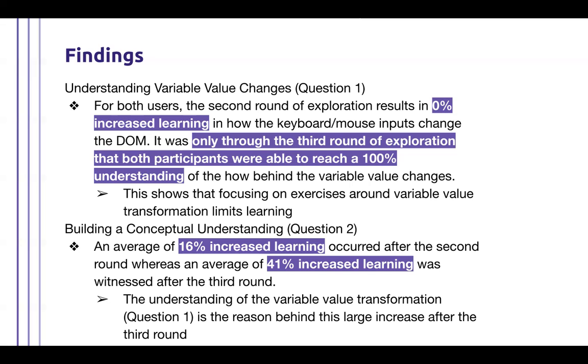And it was only through the third round of exploration, the one that had the scope and the context, that allowed both participants to reach 100% understanding on how the variable value changes. So this shows that focusing on exercises around variable value transformations limits learning.